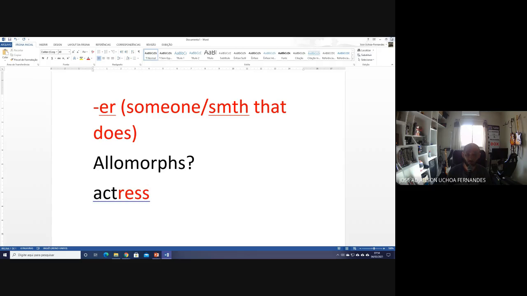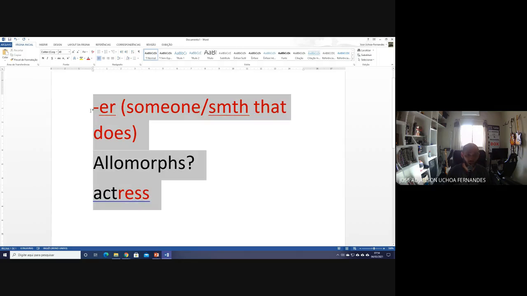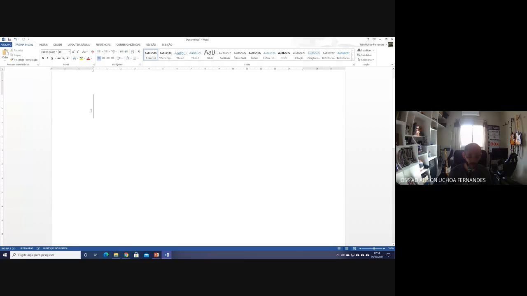So these and many other suffixes, I call them derivational noun forming. But I have some others. I have some other suffixes that don't form nouns. Some of them form verbs.